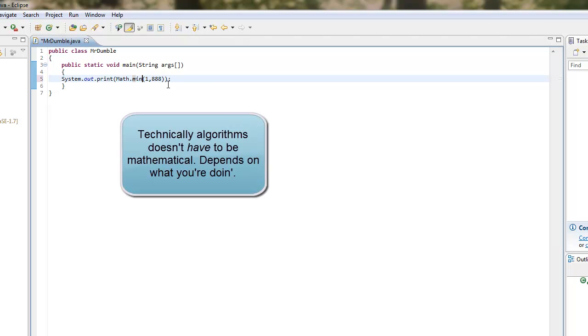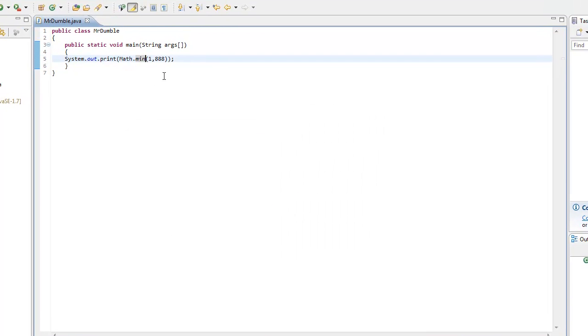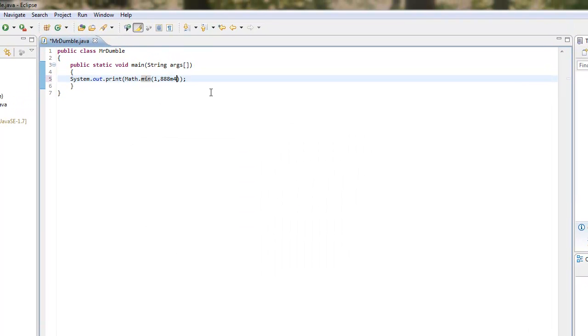So likewise, if we did the min, this would pick the smaller number of the 2, 888, and I could put in 44. And I would have to get rid of the other numbers so that we still have 2 numbers. And keep in mind that we can do floating point numbers as well.